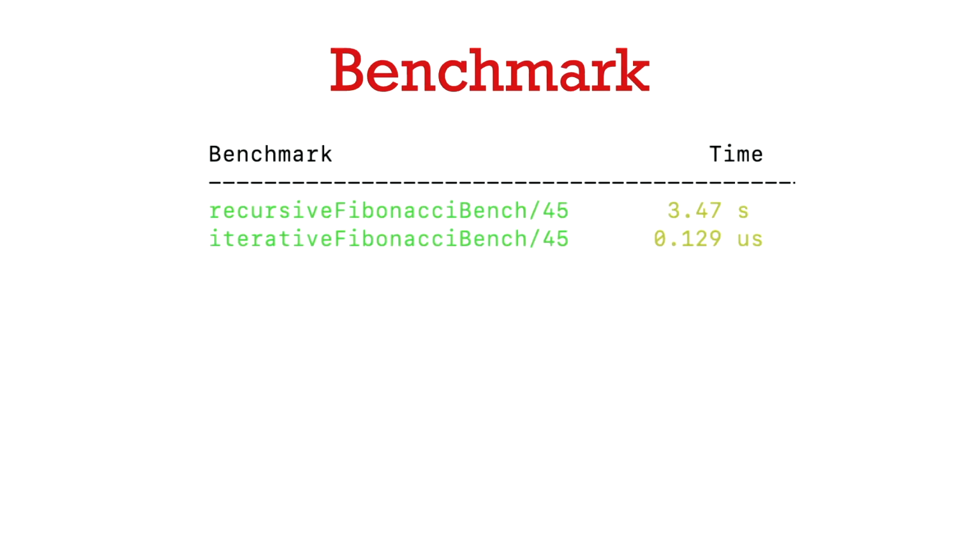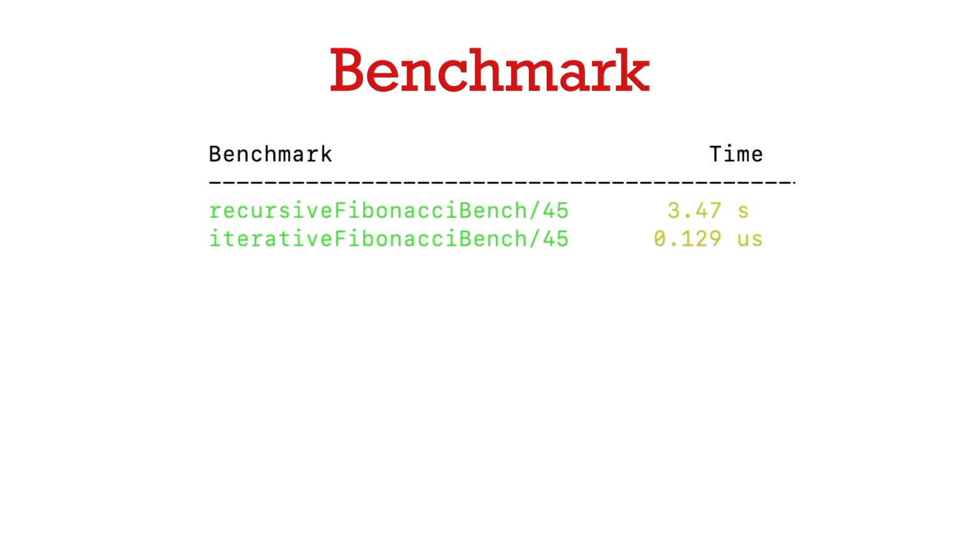So when we benchmark this algorithm compared to an iterative approach to computing Fibonacci numbers, where we just compute the Fibonacci numbers in order, f0, we know that's 0, f1 is 1, f2 we can now compute since we know f0 and f1, then we can compute f3, etc. So we build up from the bottom up.